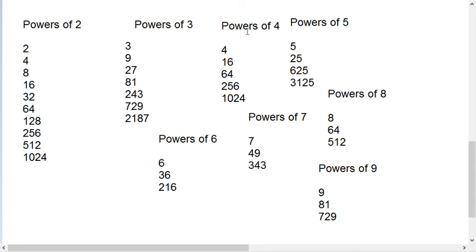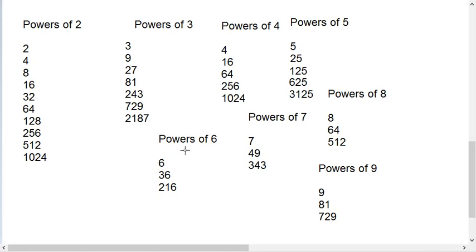Okay. For 4, 4 raised to 1, raised to 2, 16, raised to 3, 64, raised to 4, 256, raised to 5, 1024. Powers of 5, 5 raised to 1, 5, raised to 2, 25, raised to 3, 125 is needed, raised to 4, 625 is needed, and raised to 5, 3125 is needed.